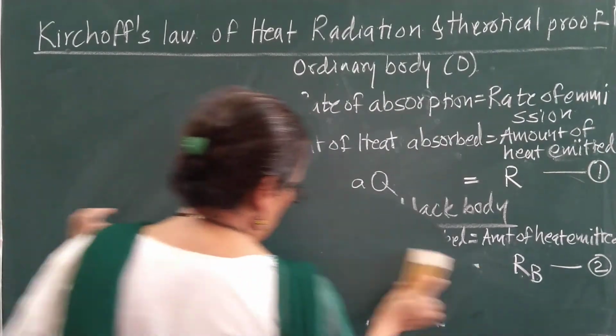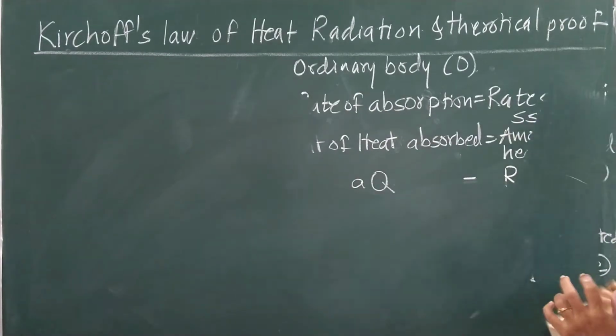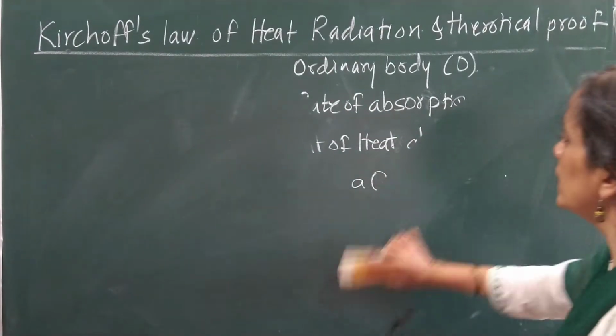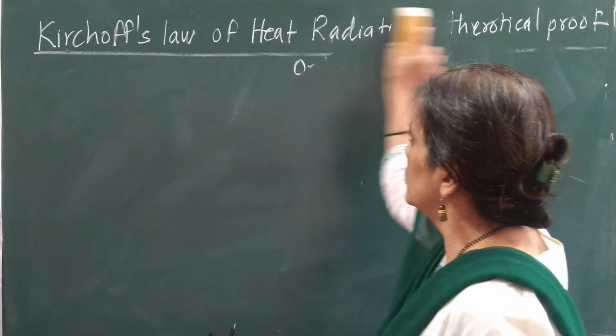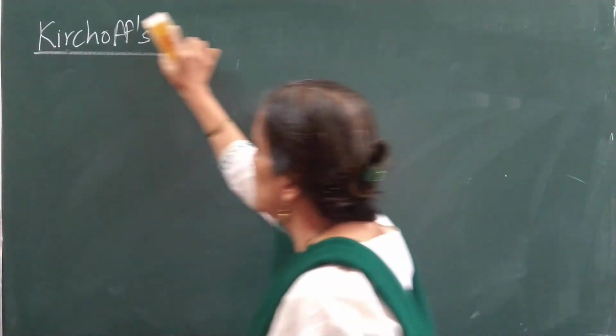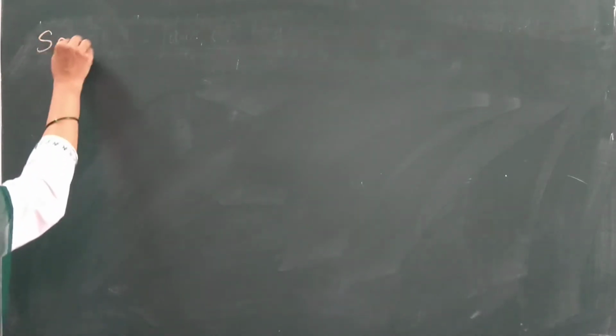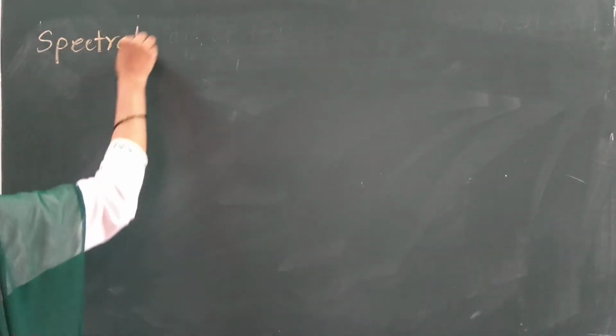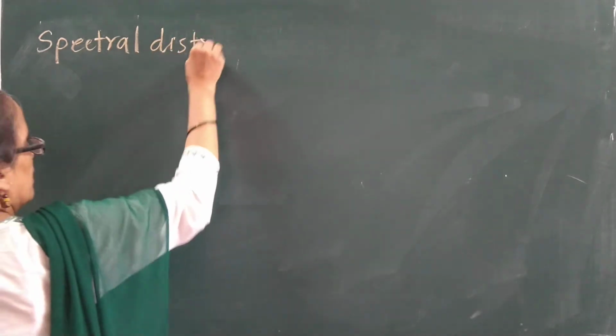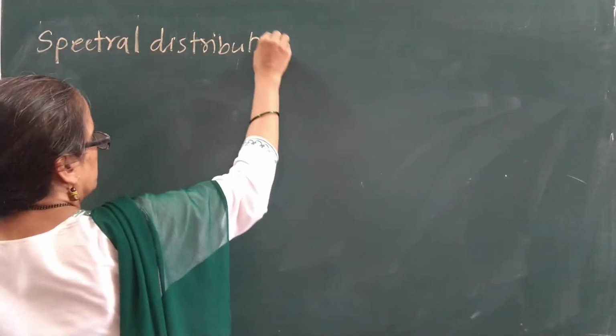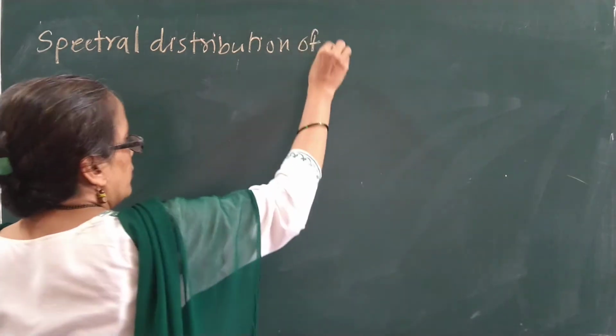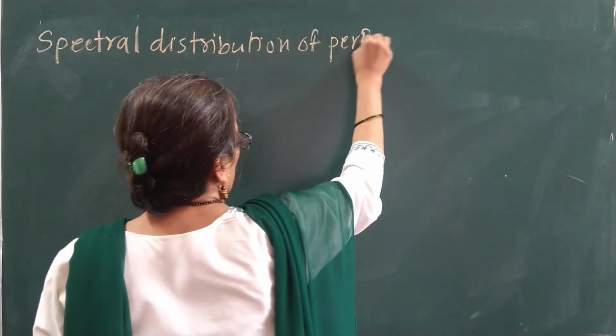Spectral distribution means what? Whenever a perfectly black body emits heat energy, that heat energy will be in the form of electromagnetic waves, and as it is in the form of electromagnetic waves, that topic will be studied as spectral distribution. Spectral distribution of perfectly black body.